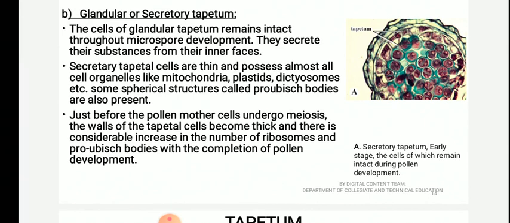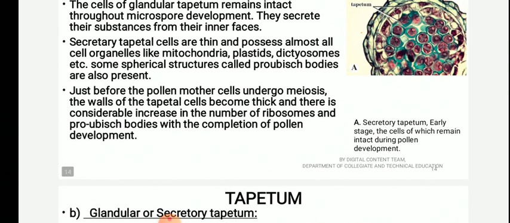So glandular tapetum is the most common type in angiosperms. It is rich in all the cell organelles, and a very unique characteristic of the glandular tapetum is the production of proubisch bodies, and these then will form ubisch bodies, which will then form the exine wall of the pollen grain.